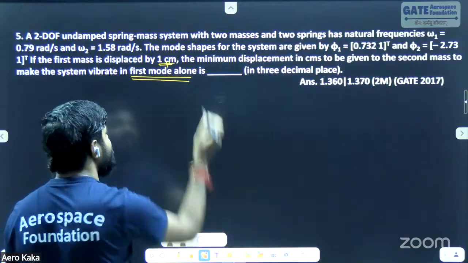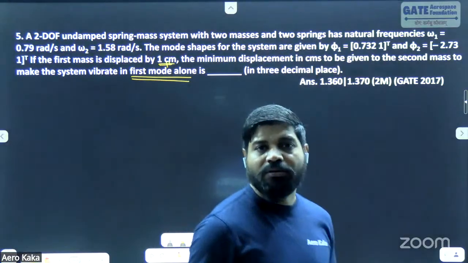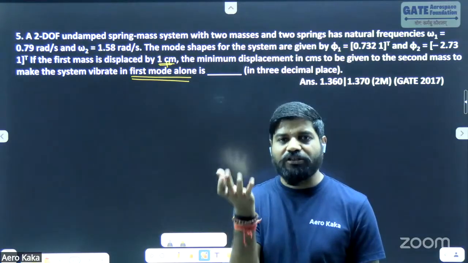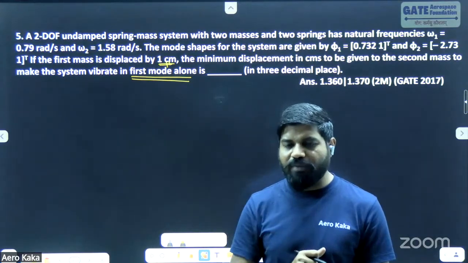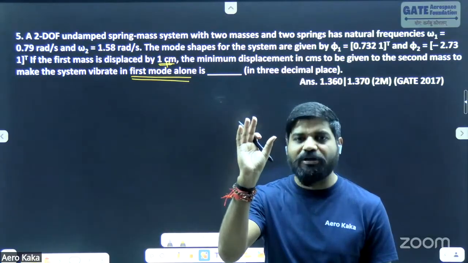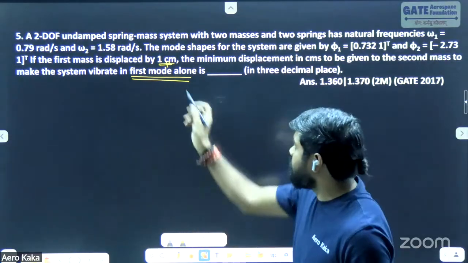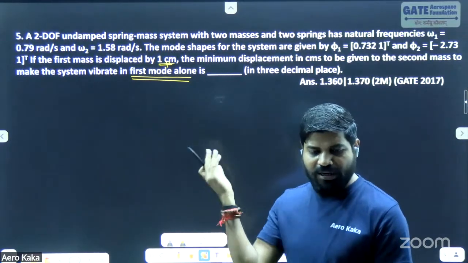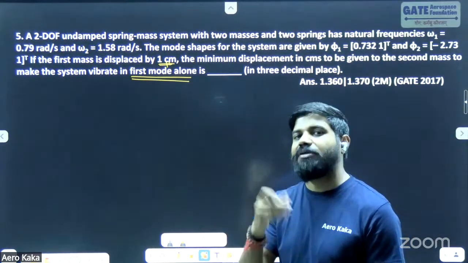What is written here? If we want to vibrate the system in first mode alone, what condition should it satisfy? Means the initial displacement ratio should be equal to the first mode ratio only. That's what we have done now in the previous case also. Shall I repeat?